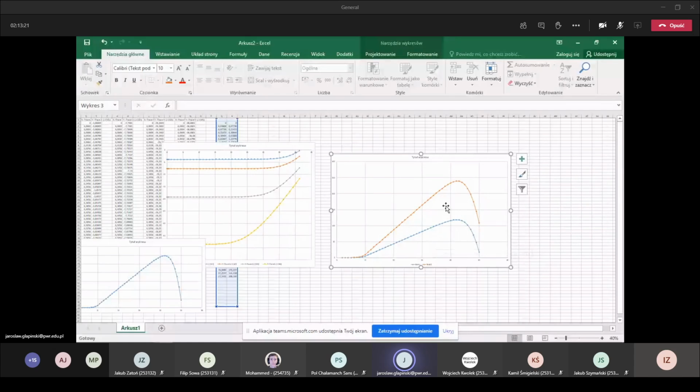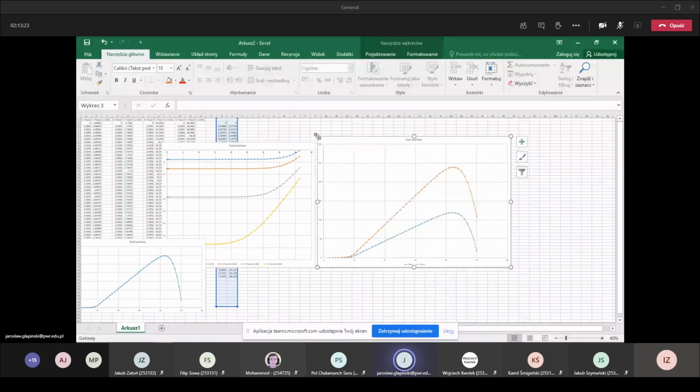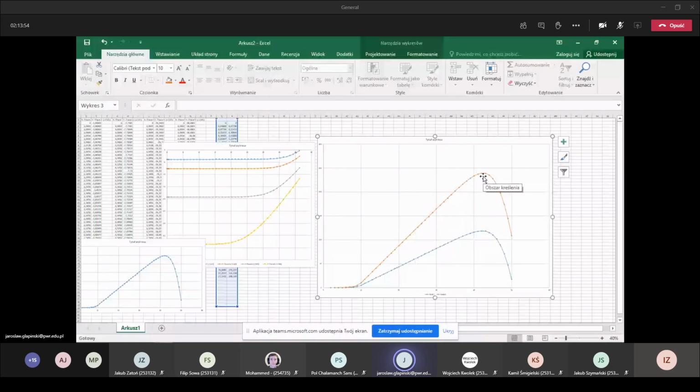So this is the problem. The problem is that even when we change the light emission, we moved a bit. So we have some tracking modes to find this maximum point.